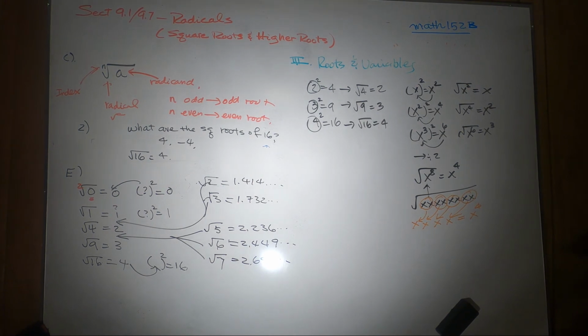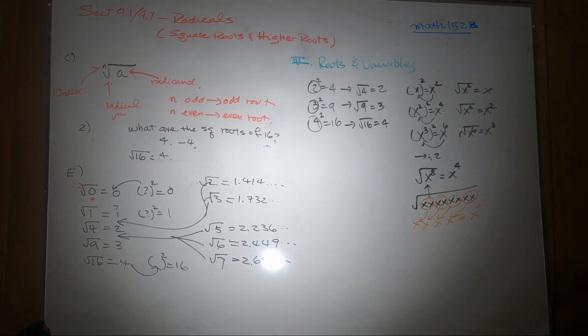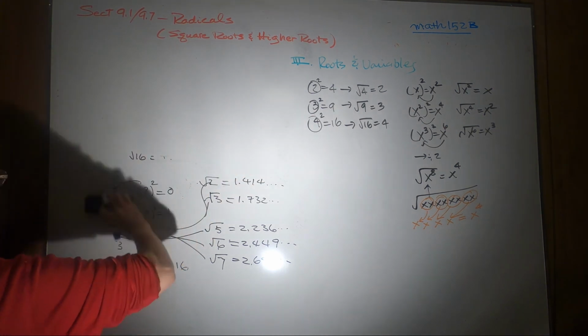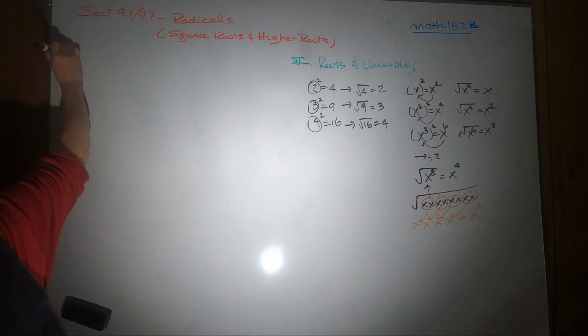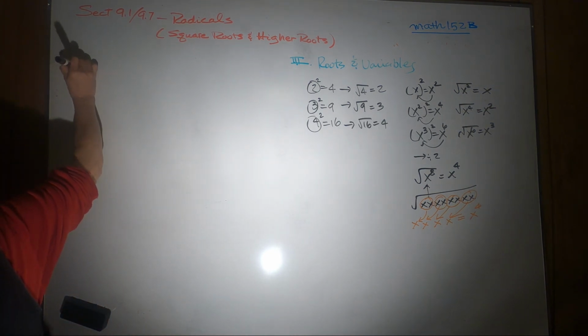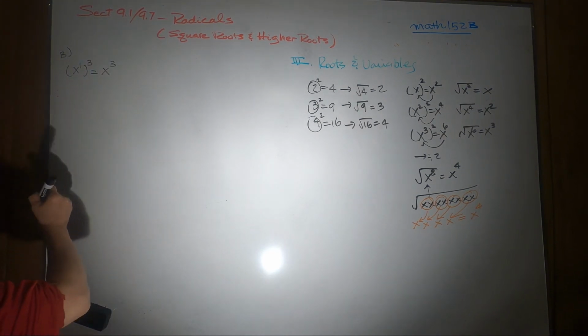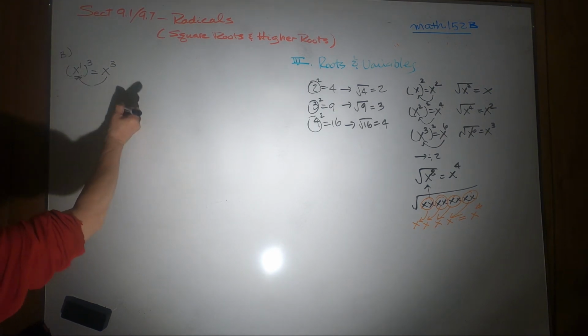Then, how about the cube roots? If you have the cubes, cube roots would be what? Opposite of the cubes, right? So, if I have x and take the cube, that would be x cubed, right? Then if I want to find the root of the cube, I should get this.